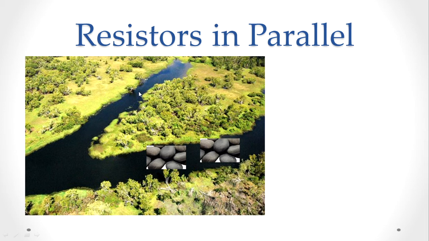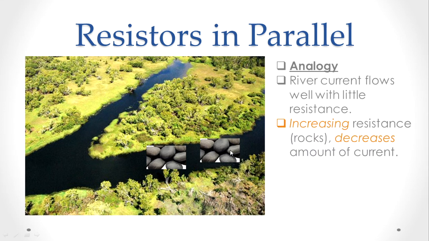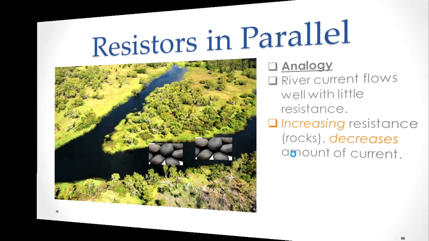So the current here will be stronger compared to the current over here. So to summarize this analogy, the river current flows well with little resistance on this side, but when you increase the resistance, there will be a decrease in the amount of current. The same will be true if we had to remove resistance, and then that would increase the current flow. It's just an analogy, a nice way of remembering it.